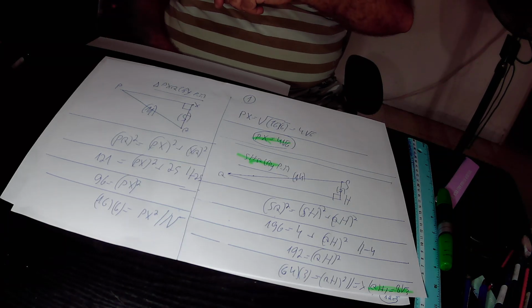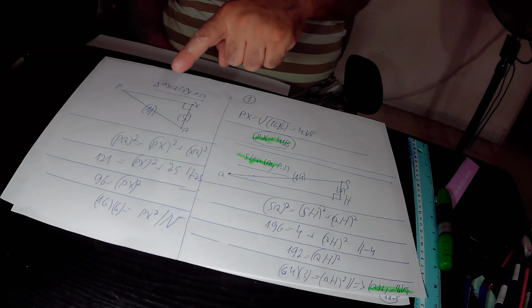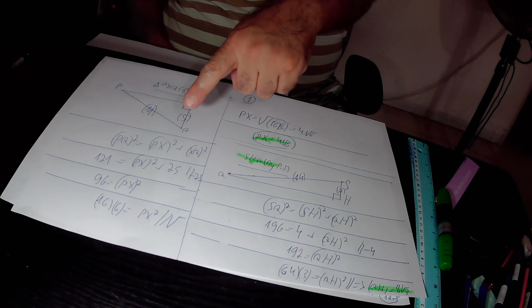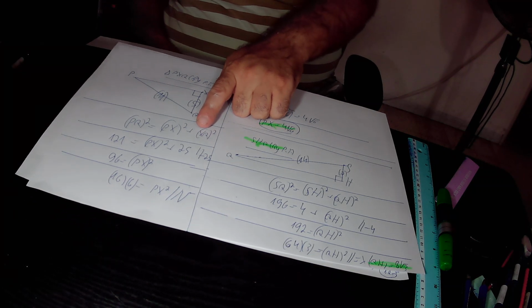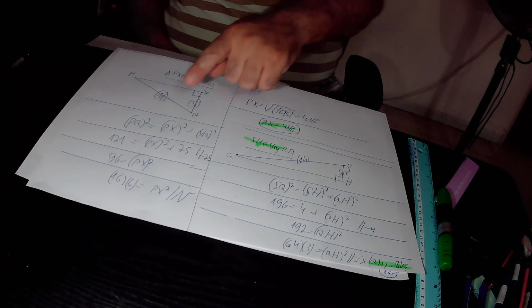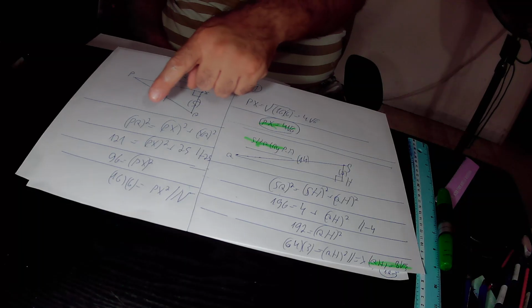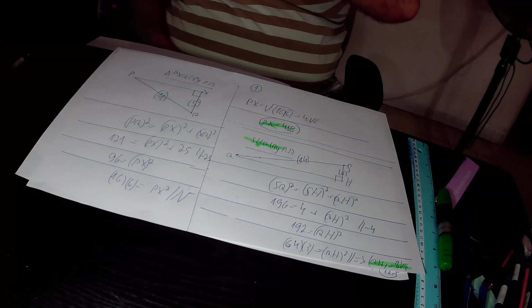So in total, we find that 121 equals PX squared plus 25. Here we subtract 25 from this equation, and we find that 121 minus 25 is 96, so 96 equals PX squared.